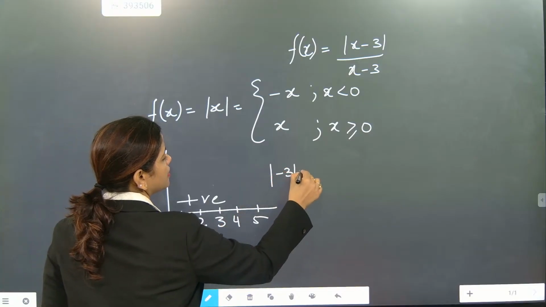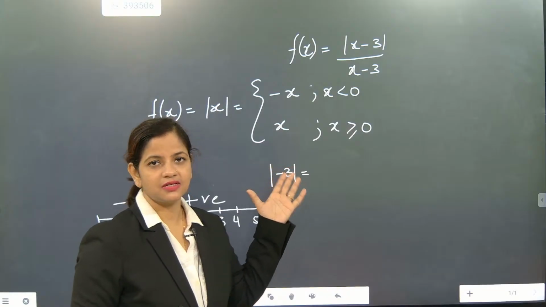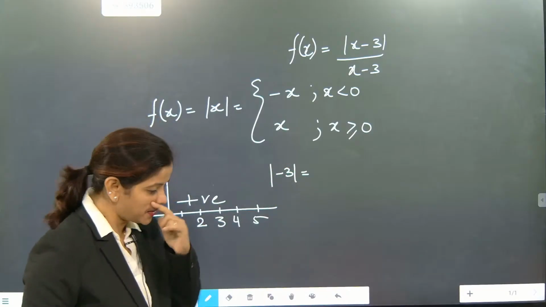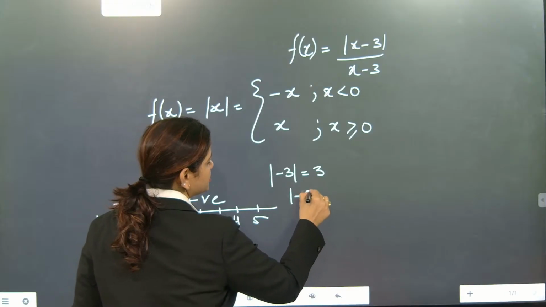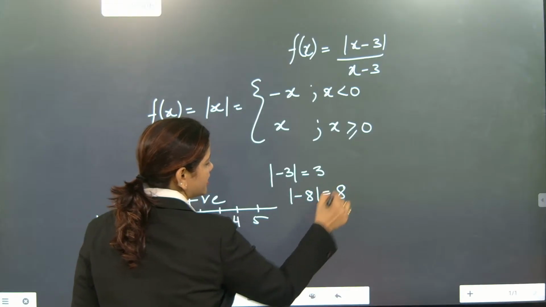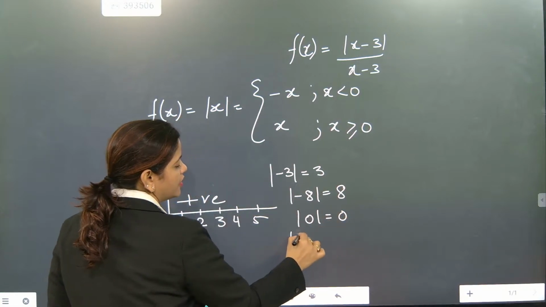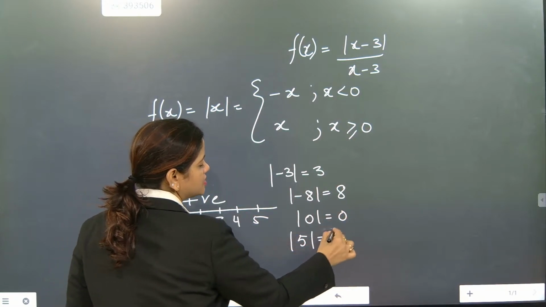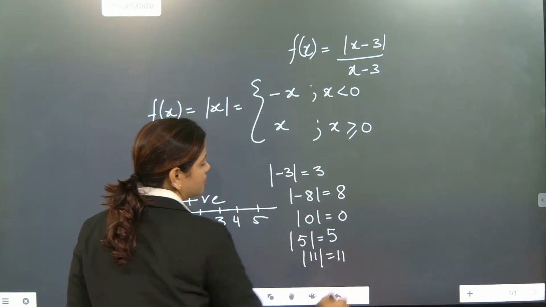Minus 3. Just remember, modulus is negative digested. So if you take minus 3, the answer will come 3. If you take minus 8, the answer will come as 8. If you take 0, the answer will come as 0. If you write a positive number, the answer will come positive. If you write 11, the answer will come 11.